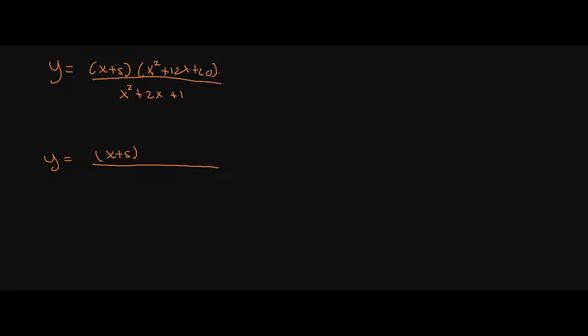Over here, I'll write all the factors of 20. I've already done this in the previous video, but let's just do it again. 1 and 20, we can't add to get 12, but we can use 2 and 10, right? 2 plus 10 gives me the 12, so I can do x plus 2 and x plus 10. 10 times 2 gives me 20, and 2 plus 10 gives me the positive 12.